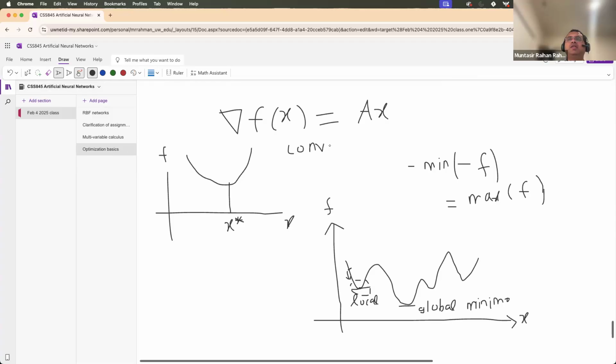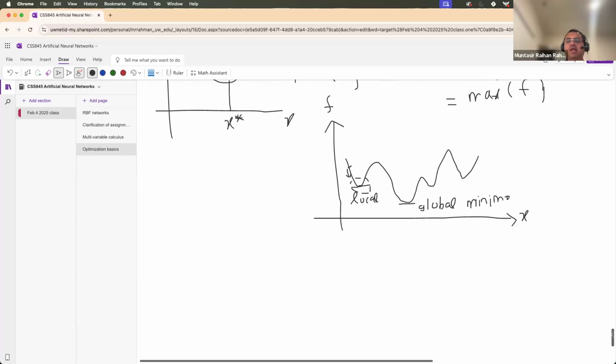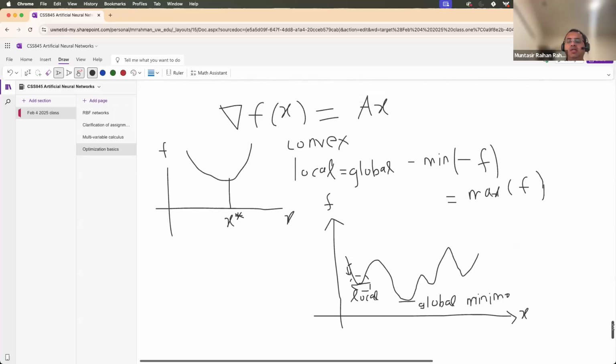If functions are convex, then local minima are equal to global minima, which is a nice property of a convex function. And we'll define convex functions in a bit. Hopefully everyone has some idea of this. Any questions about this notion of global and local minima? Any confusion about this?